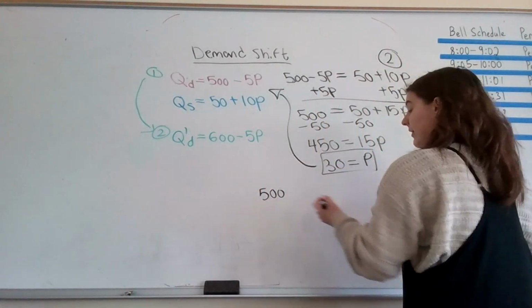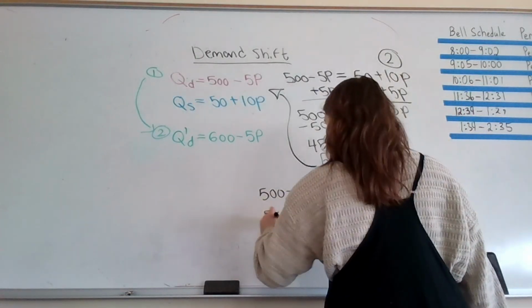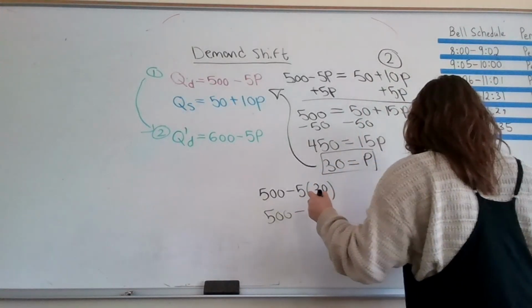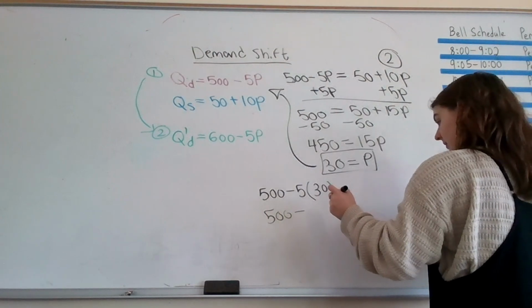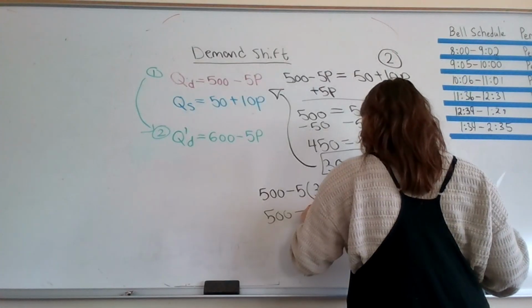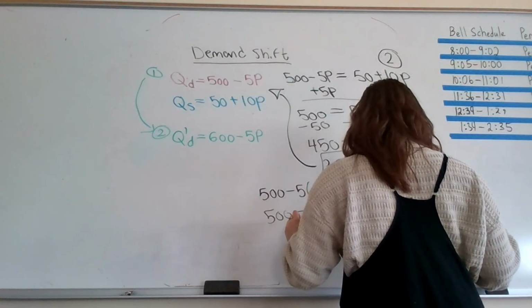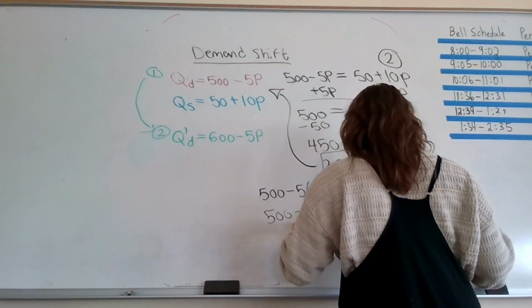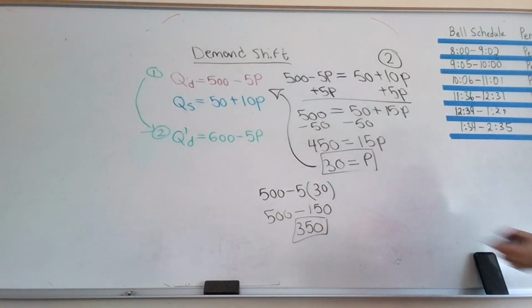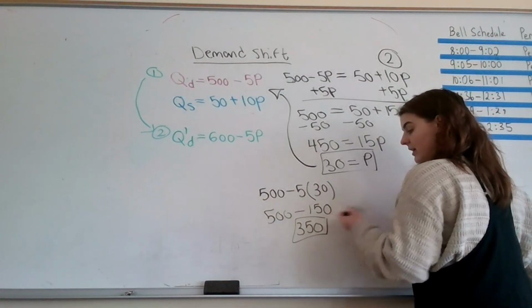We're going to say 500 minus 5 times 30. So we got 5 times 3 is 15. This is 150. 500 minus 150 is 350.